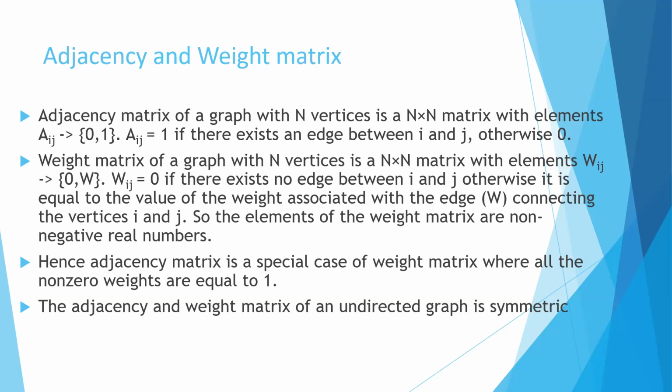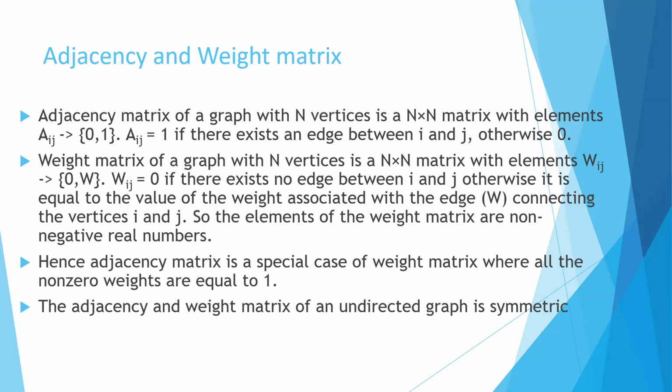For the weight matrix, it's a similar concept. It's an n cross n matrix with n vertices, with elements w_ij. In this case, if there is no edge between two corresponding vertices, then the element w_ij will be 0.